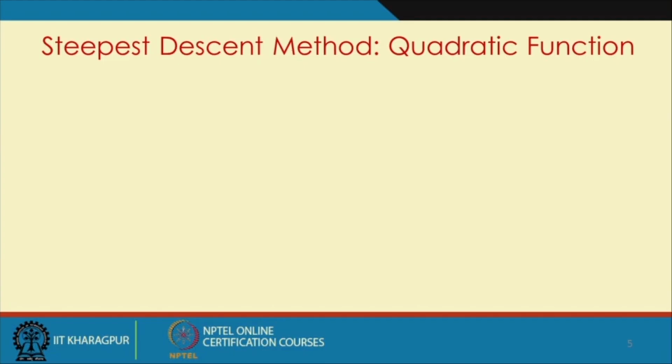That is why the steepest descent method has been redefined for the quadratic function, employing the concepts I explained to you. What is a quadratic function? A quadratic function is a function of degree 2.